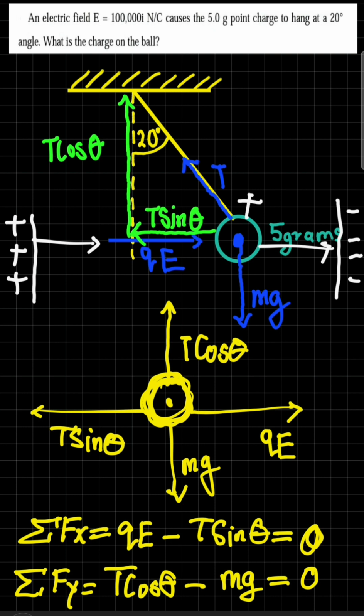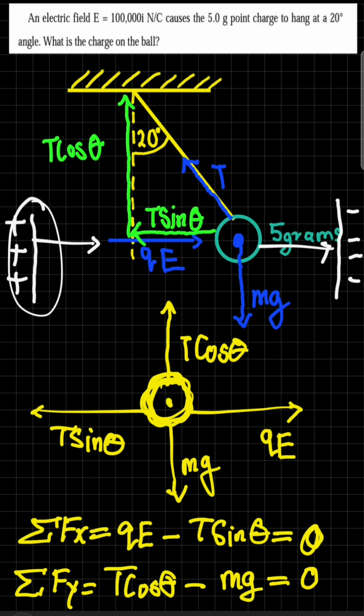Remember, like charges repel, but opposite charges attract. Okay, so if this side was positive, then the ball moved away from that side. That means the ball was positive, which is true also for this other side as well. Because think of it like this: the electric field was moving towards a negative charge, or negative charges, we don't know.